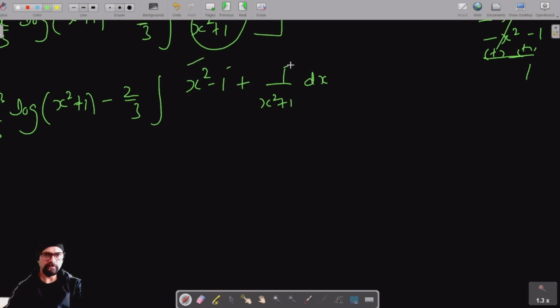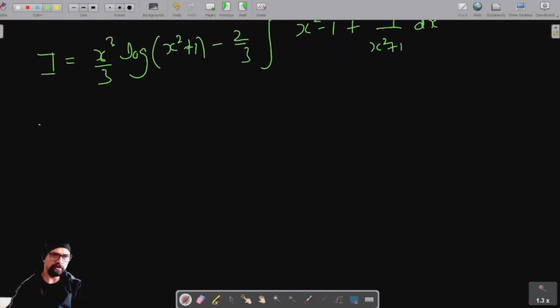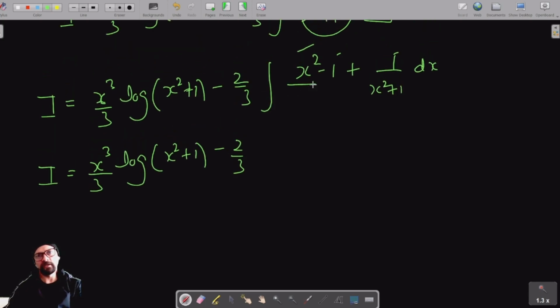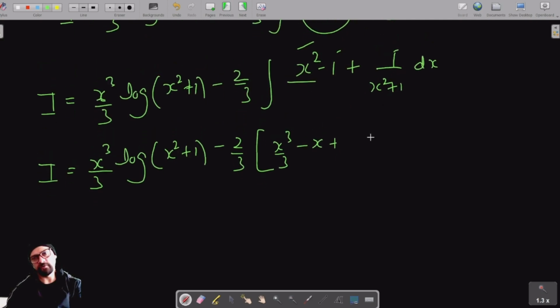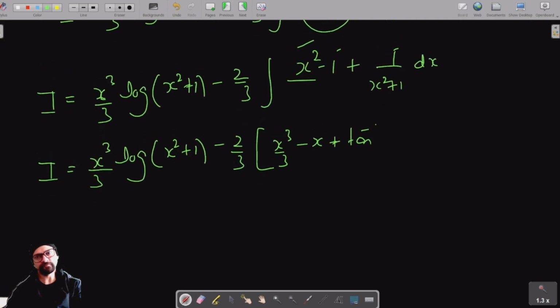Now we have three different terms, and now it's easy to integrate. So I is equal to x cubed by 3 into log of x squared plus 1 minus 2 by 3. Integration of x square is x cubed by 3. Integration of minus 1 is minus x. And integration of 1 upon x squared plus 1 is tan inverse x plus c.